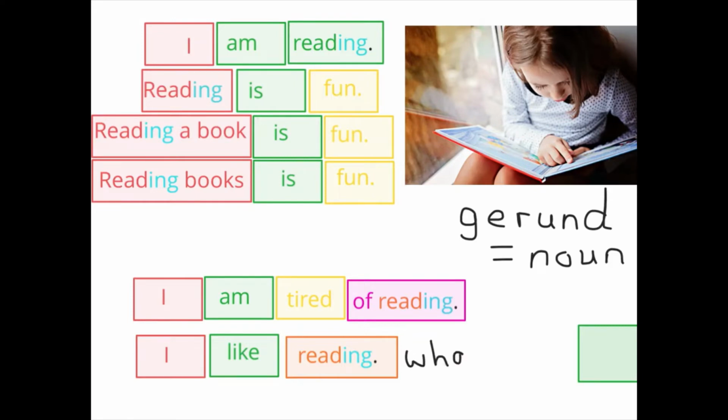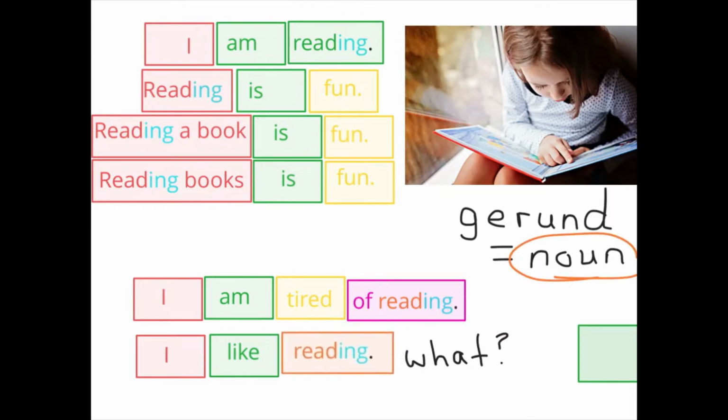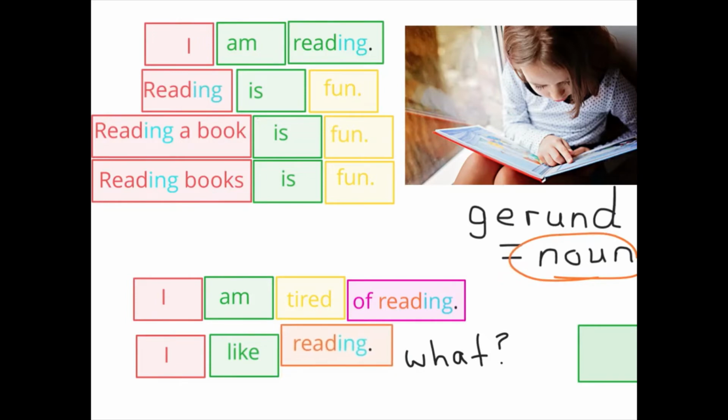What do I like? And the answer to a question what is going to be a noun. So in this sentence, reading is the gerund form of the verb read, so it's the act of reading, and so in this sentence it is an object.